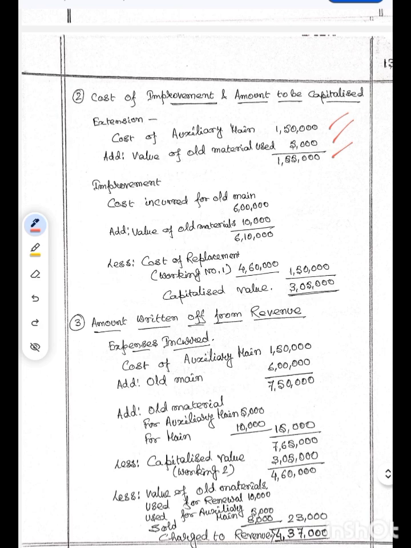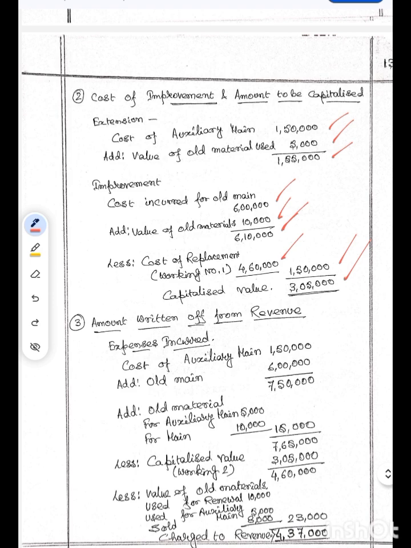Okay. Cost incurred of the old main is 6 lakhs, and value of the old material 10,000 has been utilized. Total expenses is 6 lakh 10,000, and thereafter we deduct cost of replacement, that is already working number 1, 4,60,000, and therefore it comes to 1,50,000. So total capitalized value is 3,05,000.